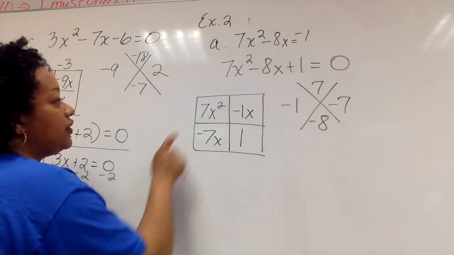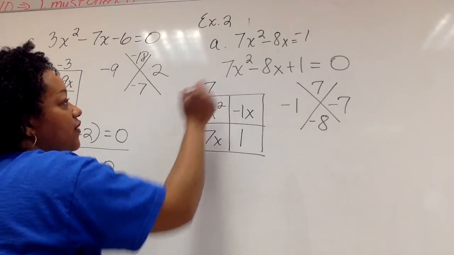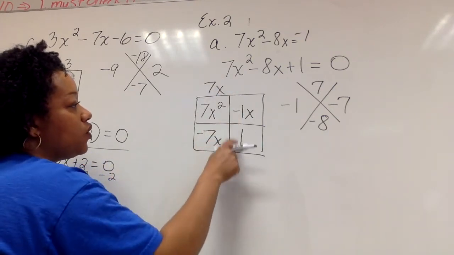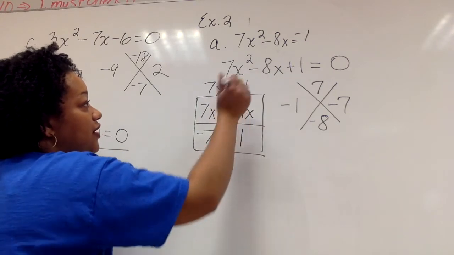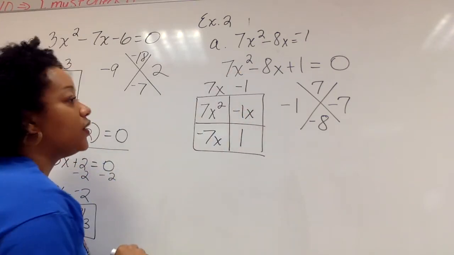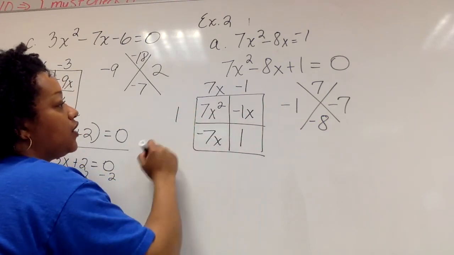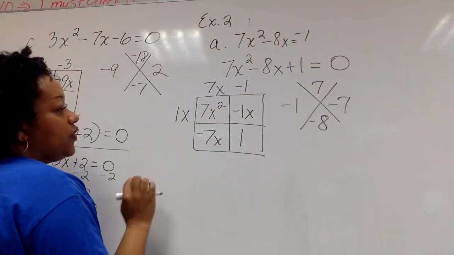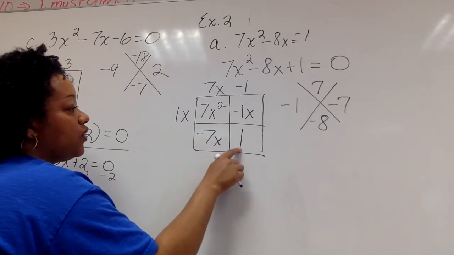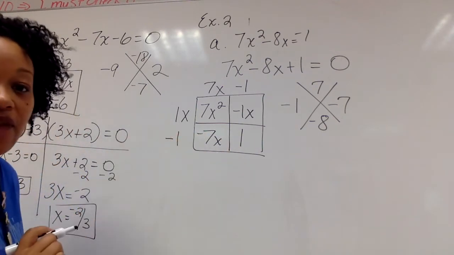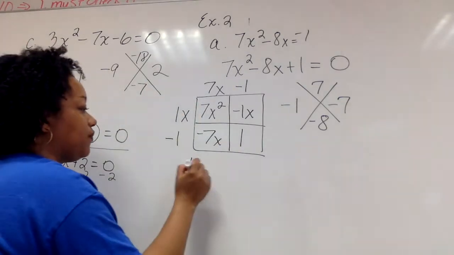All right, GCF between 7 and 7 is just 7. My variable is x. GCF between 1 and 1 is just 1. Since that's a negative, my GCF is a negative. GCF between 7 and 1 is just 1. The variable is x. The GCF between negative 7 and 1 is 1, but because that's a negative, the GCF is a negative. Put it together.